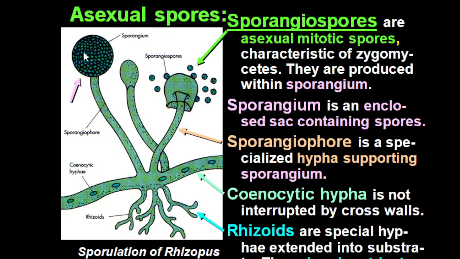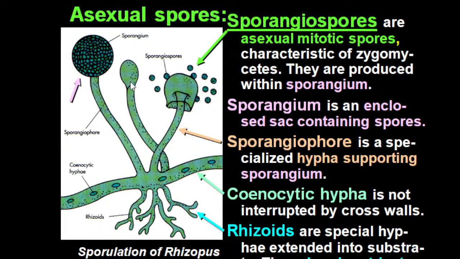The sporangium is an enclosed sac containing spores inside. The hypha that bears the sporangium is called the sporangiophore. It is a specialized hypha supporting the sporangium. Sometimes the hypha may not be septated, like in Rhizopus, shown here.